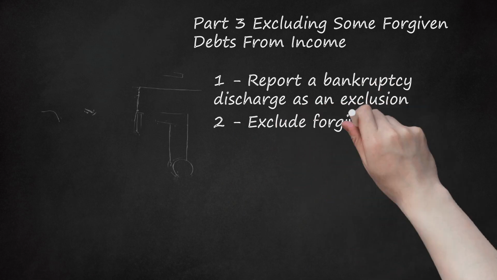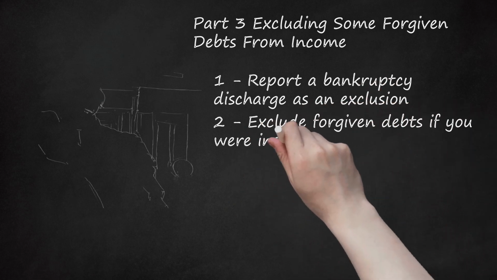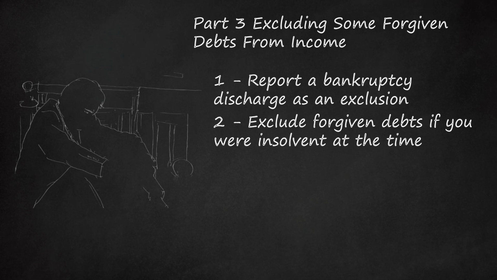2. Exclude forgiven debts if you were insolvent at the time. The term insolvent in this case means that the total amount of your assets, house, car, bank accounts, property, all added together, is less than the total amount of your debts, mortgage, car payments, school loans, credit card bills, etc. Subtracting these two totals will tell you the amount of your insolvency.